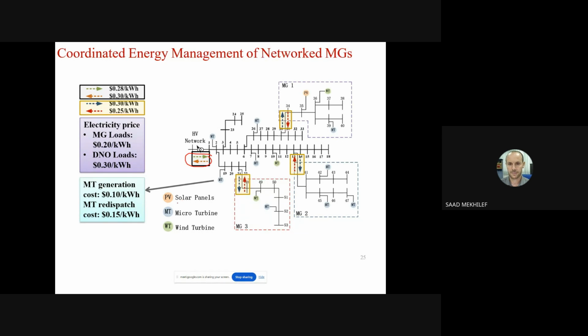For example, 28 cents if we buy. If we sell, it is around 30 cents per kilowatt hour. And the blue and the red are between the microgrids, for example, sell and buy from microgrids. So here you can decide.